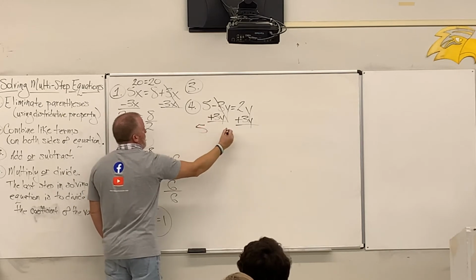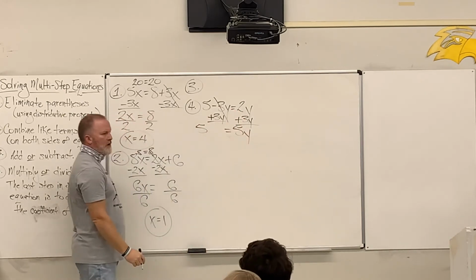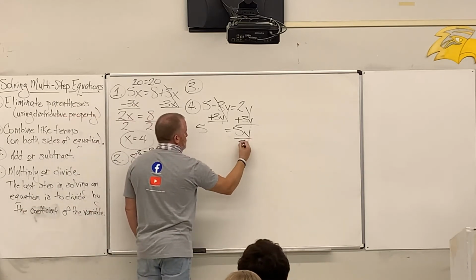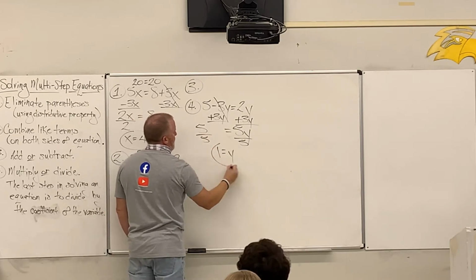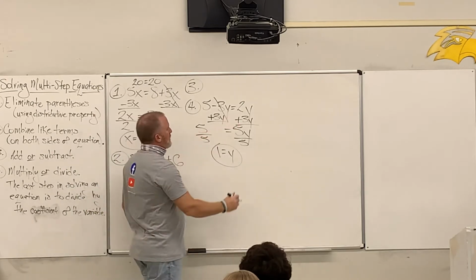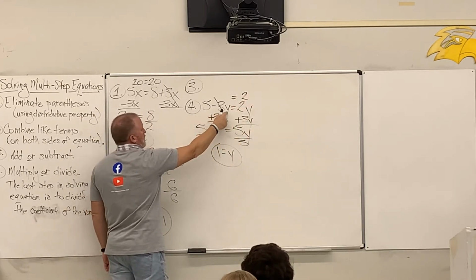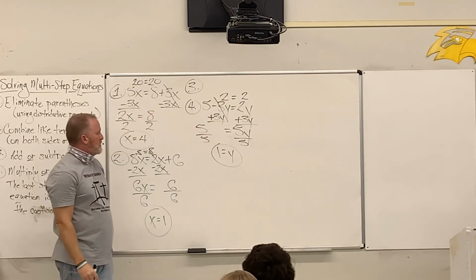I'm left with 5. 2 plus 3 is 5y. And then I divide by the coefficient, right? So I divide by 5. And 1 is equal to y, or y is equal to 1. So that'd be 2 times 1 is 2. 3 times 1 is 3. 5 minus 3 is 2. So that is a solution. That does work.